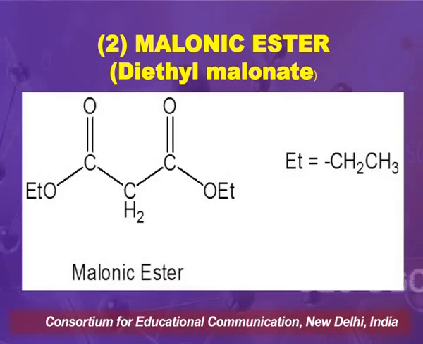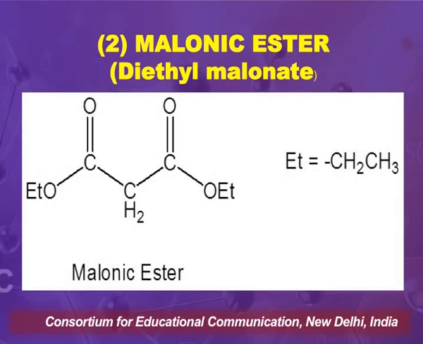The next example is that of malonic ester. In malonic ester, the methylene group is sandwiched between two ester groups. Malonic ester is an ester of malonic acid and ethanol.